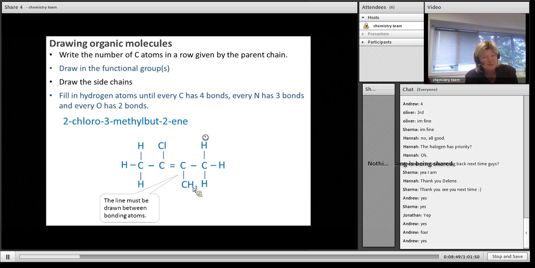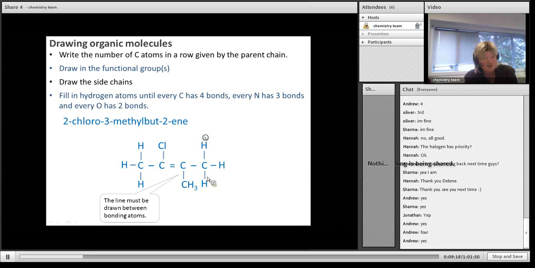Just as a tip, I've got there what we could call a semi-condensed structural formula. In other words, with some of them, I've got the CH bonds drawn out, and for others, I've got CH3. I've condensed down, I've removed the CH bonds. I really suggest doing full structural in the beginning, so showing all the CH bonds.